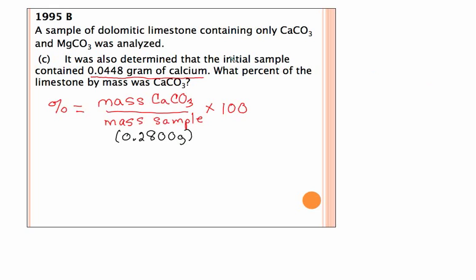Now, there's a couple of ways you can do that. You can go from grams of calcium to moles of calcium, and then moles of calcium to moles of calcium carbonate, and then moles of calcium carbonate to grams of calcium carbonate.